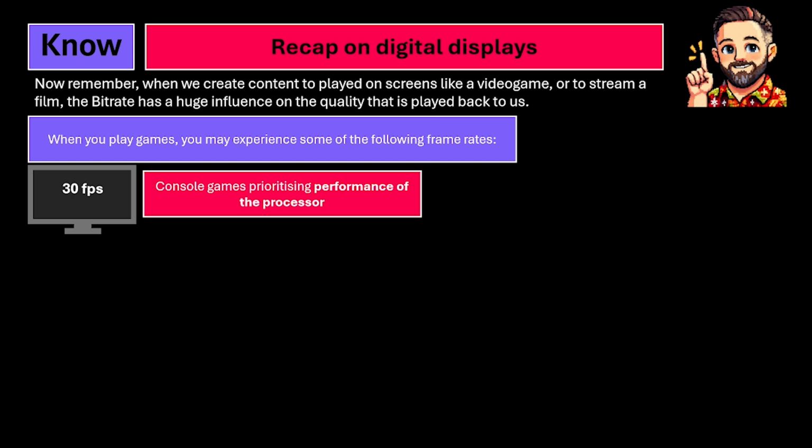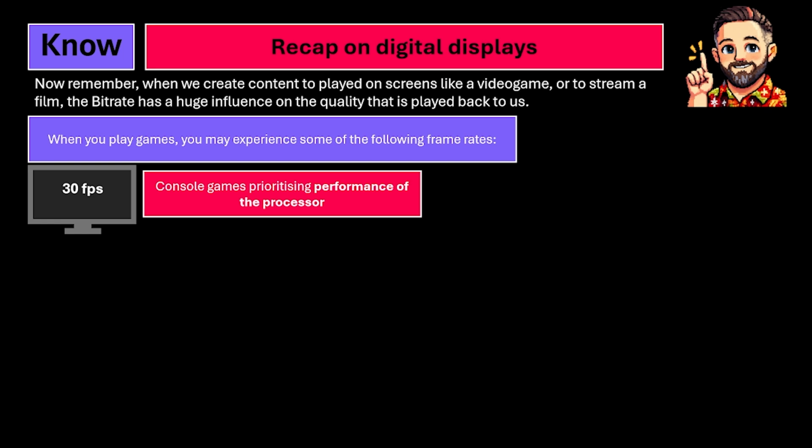Console games, prioritizing the performance of the processor, typically performed at about 30 frames per second, and the early high quality 3D game consoles would operate at this rate.